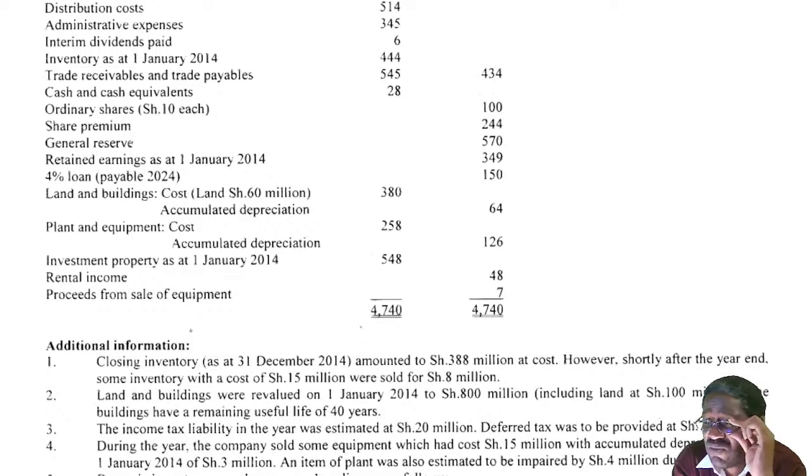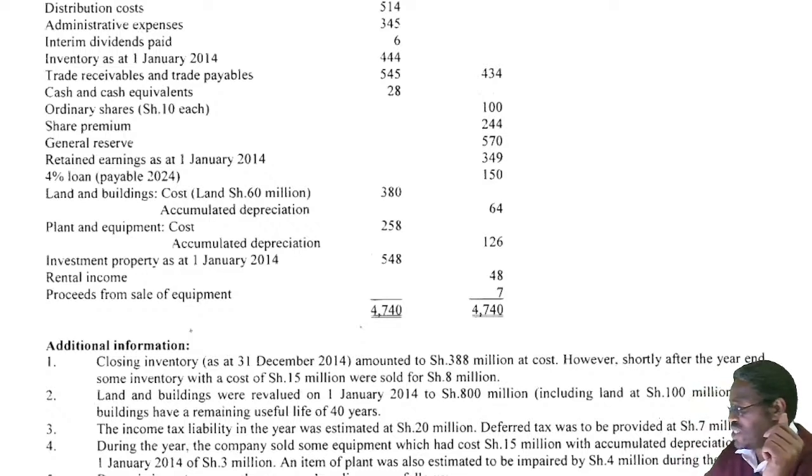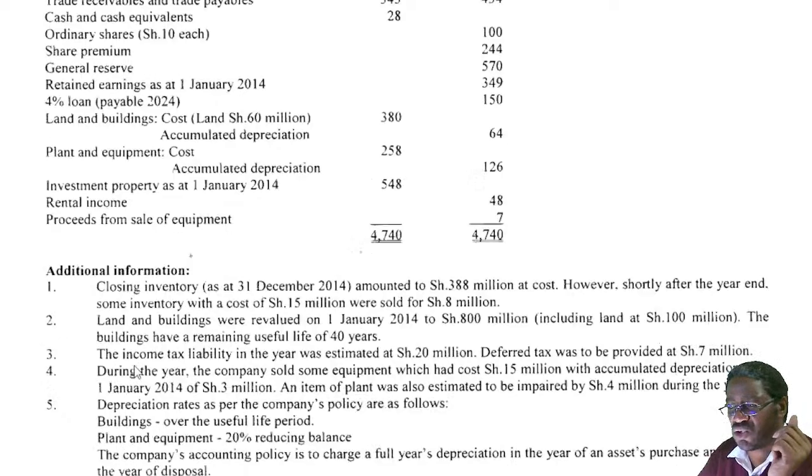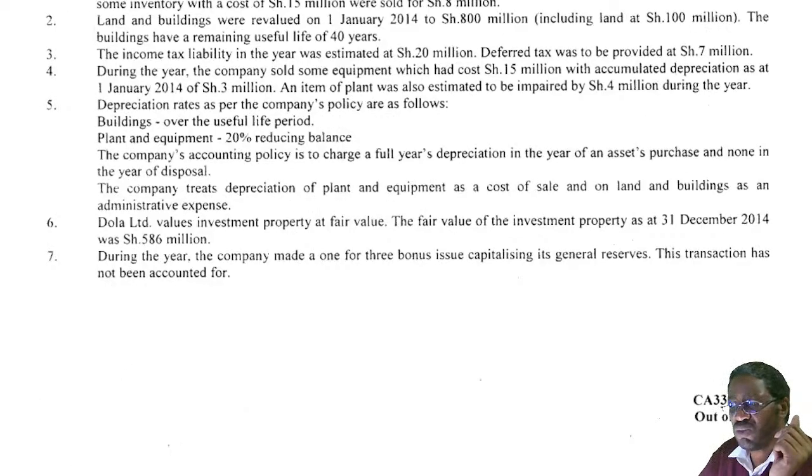Then you are given something called investment property. Then you are given the rental incomes. Then you are given proceeds from sale of equipment. Then let me roll the question now. From there we go to the additional information now.